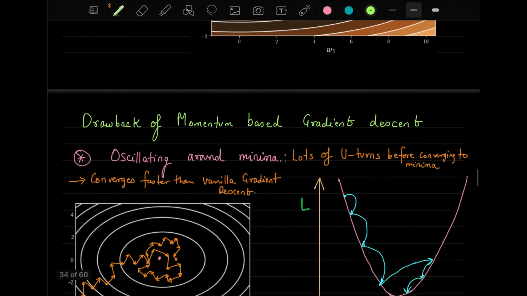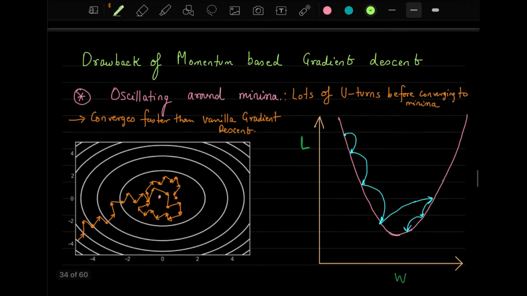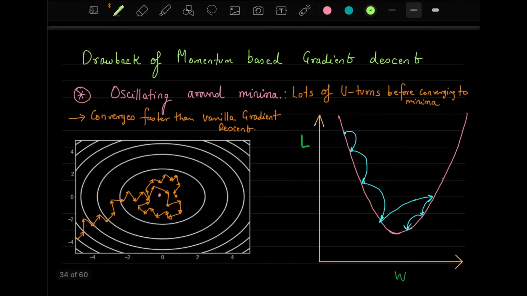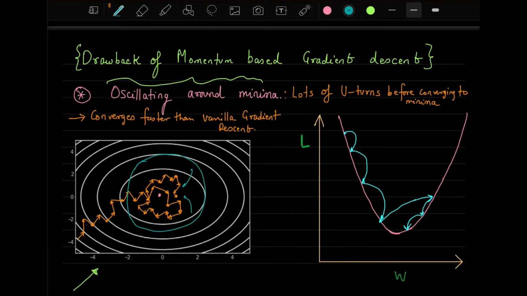Okay, once we have this, there is a slight drawback in momentum gradient descent. What is that? It oscillates around the minimum value. As you can see on the left side, at this minima, it is oscillating around that minimum value.